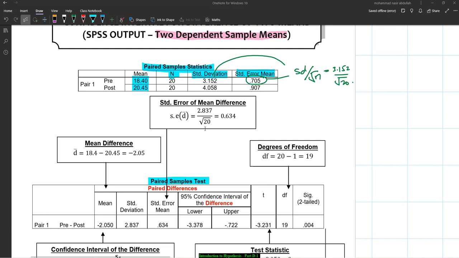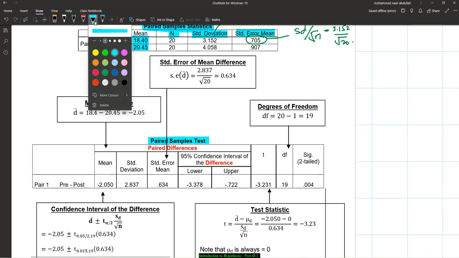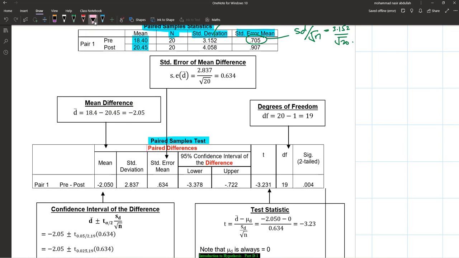Let's move to the next table, which is the paired sample test table. This is a paired sample t-test. The title of the table is Paired Samples Test, and they give us the paired differences here.